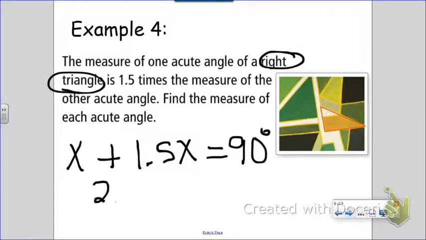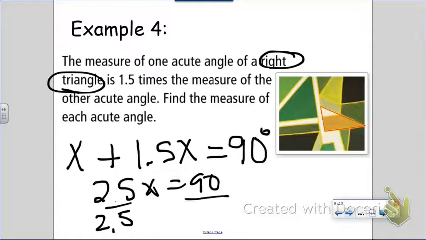That'd be 2.5x equals 90, divided by 2.5 on both sides. X equals 36. Which means the first acute angle is 36 degrees.